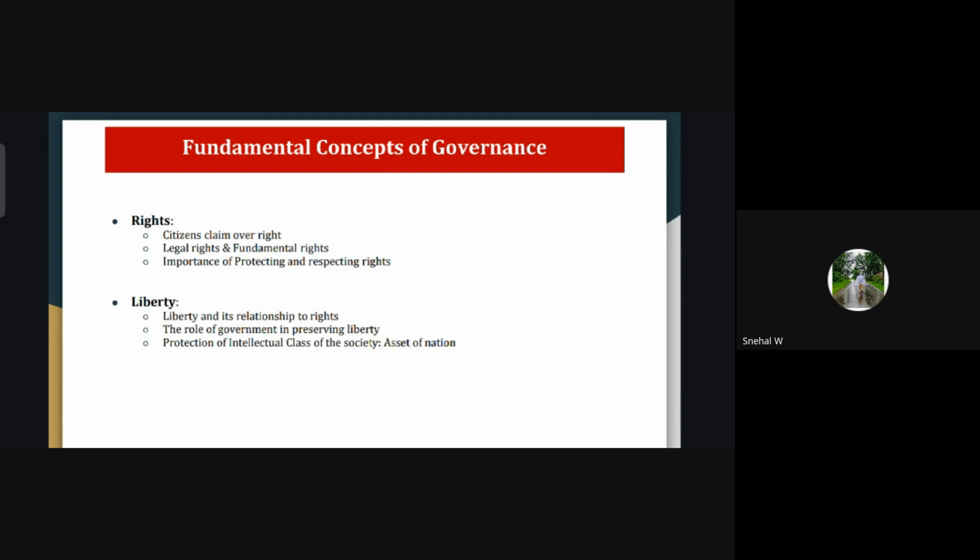Here the government plays an essential role. For instance, we will take the same example of education. When the government declares that education is a fundamental right of every child, once it is listed in fundamental rights, the government has to provide that right.